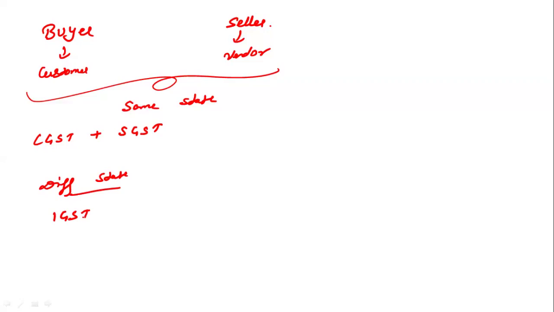Now you also have this Union Territory GST. What is this Union Territory GST? There are some 8 Union Territories in India. You have Delhi, Goa, Andaman Nicobar.